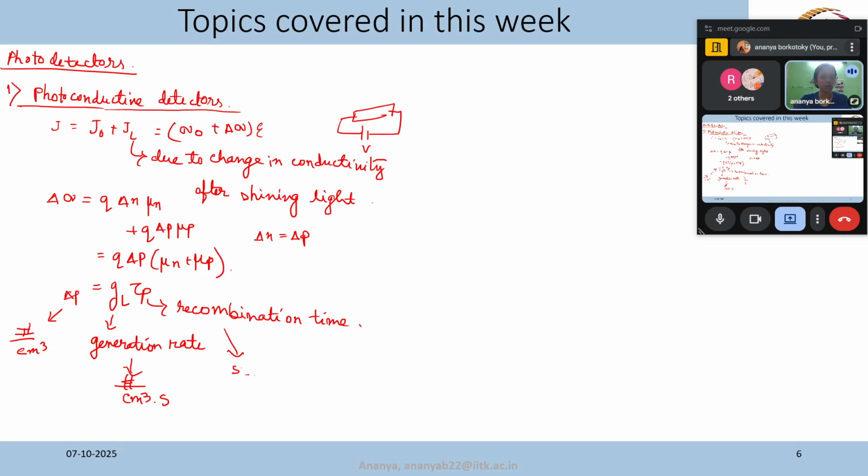If you want to detect a photon that has very high energy, the band gap will also have to be such that it is absorbed by the material. So we can detect the type of photon based on the band gap of the semiconductor. That is why we need different semiconducting materials to detect different types of photons.